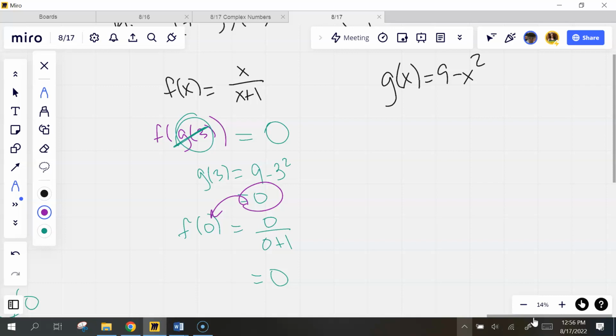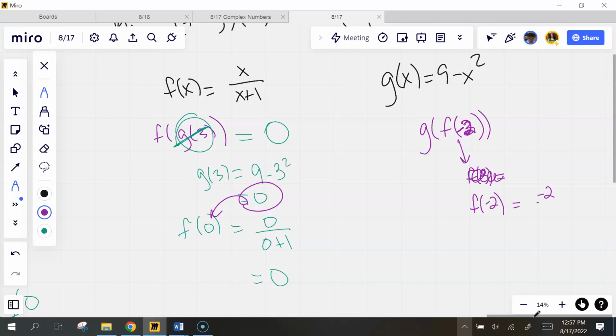If I do g of f of negative 2, the first thing I'm going to do is f of negative 2. I'm going to plug that in to f's x.